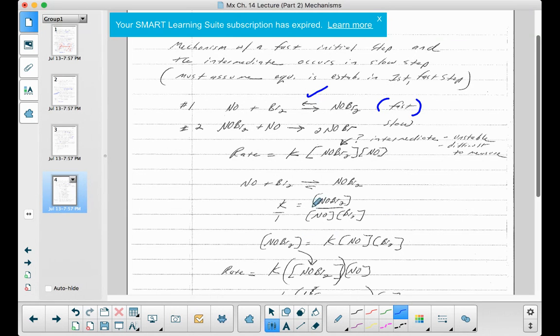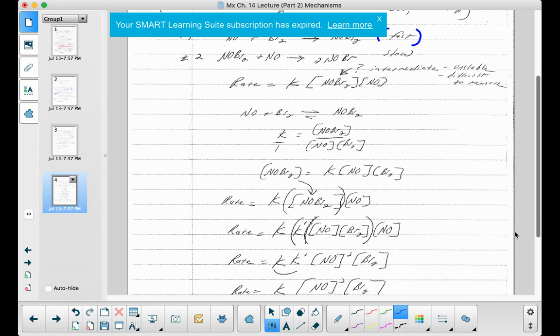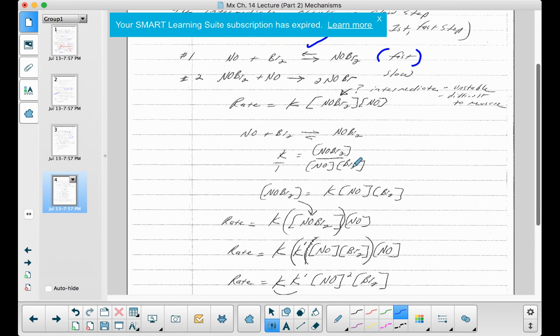What I've done here is walk through the steps on how I rename that NOBr2 to equal k times the concentration of NO times Br2. Then I can plug that value into my slow step, right? Because in my slow step, I have that NOBr2.